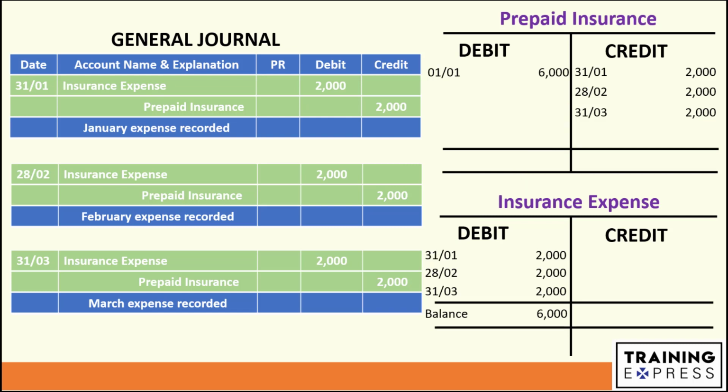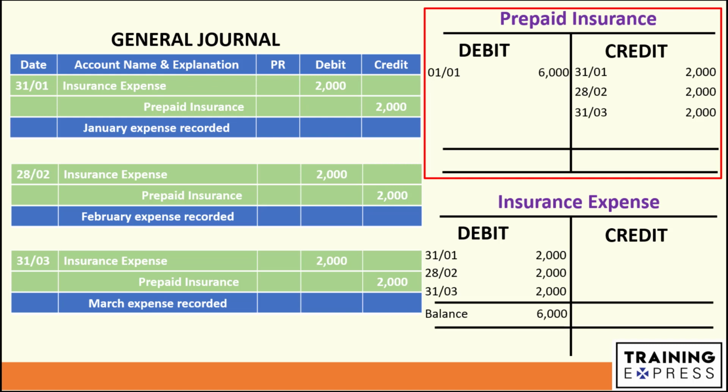Now let's look at these three accounts of prepaid insurance and insurance expense. Look at the debit side of prepaid insurance and you will see that on 1st of January we debited $6,000 in this particular account. And when we look at the credit side here, you will see that every month it is being credited by $2,000.